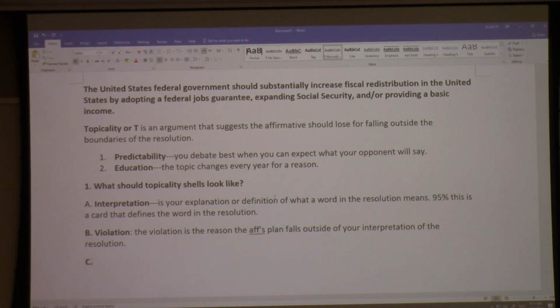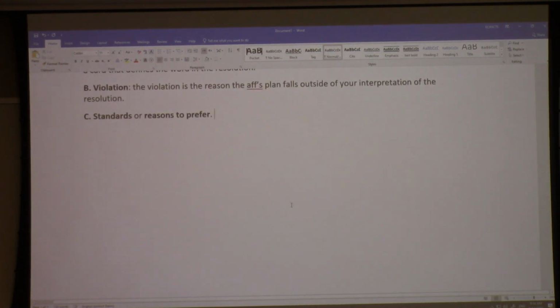Then the third part is where most of the debate occurs, and these are called standards or reasons to prefer. We have an interpretation of the resolution. We've said that the affirmative falls outside of it, and now we're going to come up with some reasons that this interpretation of the resolution is better. So standards or reasons to prefer are reasons to prefer one interpretation of the resolution over the other.